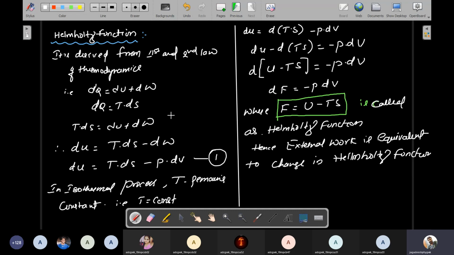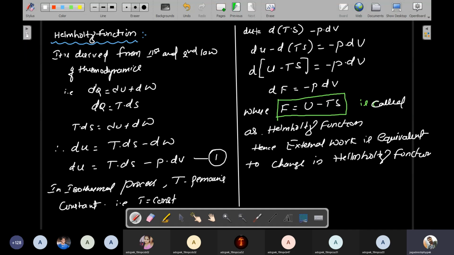So from the first and second law of thermodynamics only we derive the Helmholtz function, changing some parameters. Suppose this process is isothermal, then the temperature remains constant, so the temperature moves inside the derivative. Therefore du is equal to d of ts minus p dv. These are differential parts of temperature and entropy, and of internal energy.